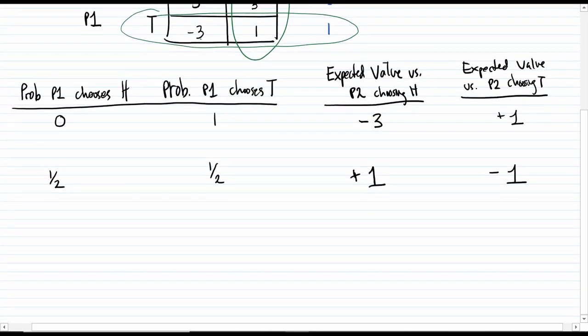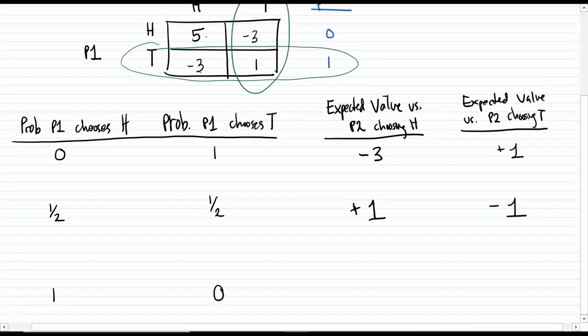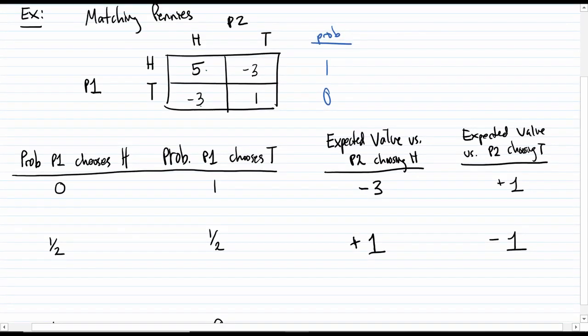Okay, let's do the opposite pure strategy of always choosing H. So I'm choosing H with probability 1, T with probability 0. Maybe I'll show you that the math really does work out in this example. So let's do the first case when player 2 chooses heads.